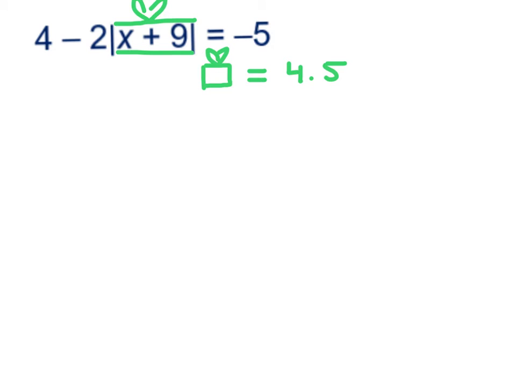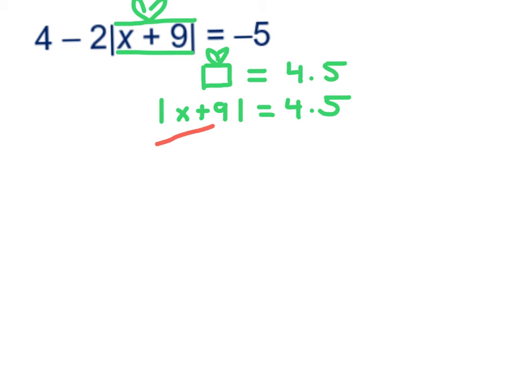Now that the present is by itself, I'm going to rewrite my equation with the absolute value part. So I would say the absolute value of x plus 9 equals 4.5. Now, since the absolute value is by itself, I can write my two equations.